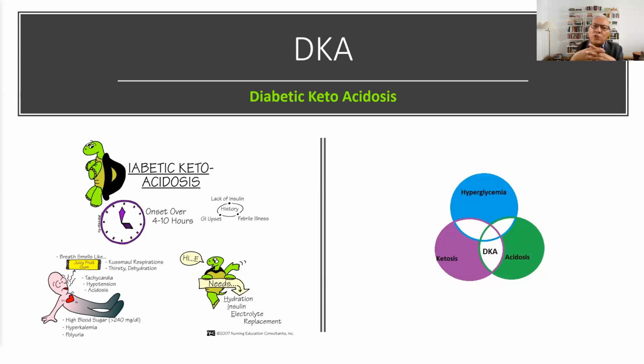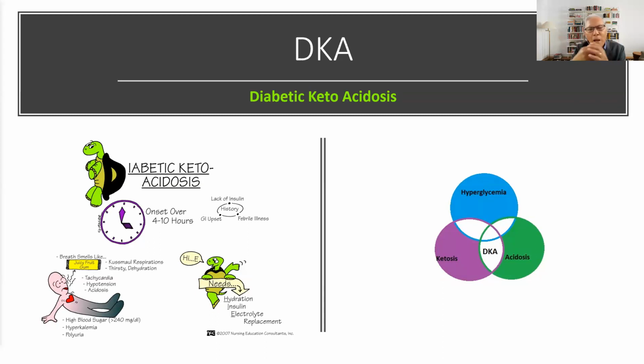Now, it actually happens when an absolute or relative insulin deficiency inhibits the ability of glucose to enter the cells for utilization as metabolic fuel. And therefore, the liver rapidly breaks down fat into ketones to employ as a fuel source.